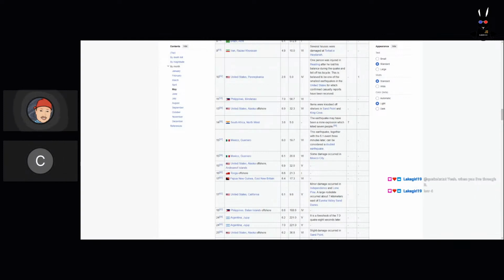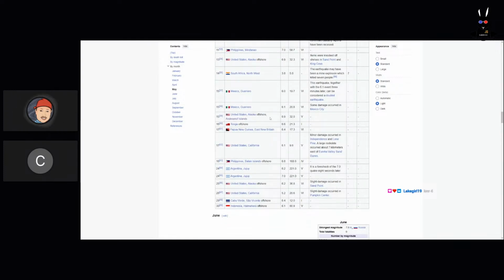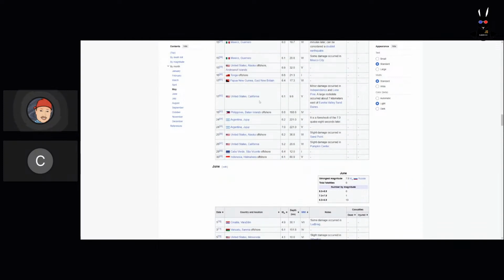Alaska offshore had a 6.9. Again, some similarities between the quakes. Guerrero, Mexico, 6.1 and a 6.0. Alaska, Andreanof Islands again, 6.9. Very similar to the 1970 and 71 quake. California 6.1, where was this?